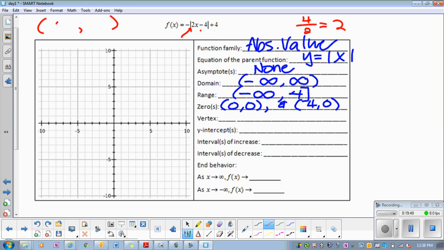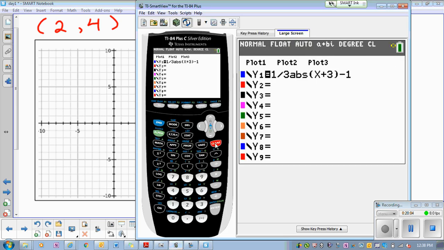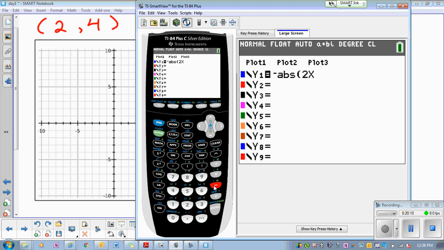So then it really becomes 2. So weird, right? So it's 2, 4. So this is negative absolute value of 2x minus 4, plus 4.